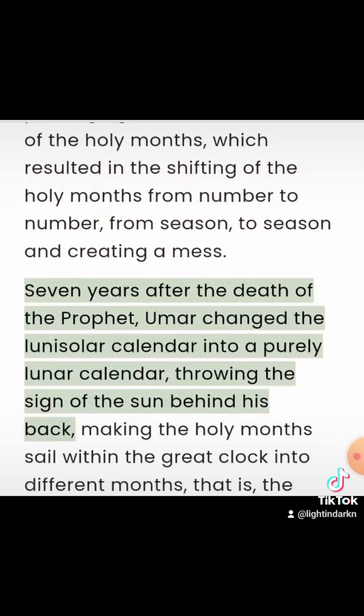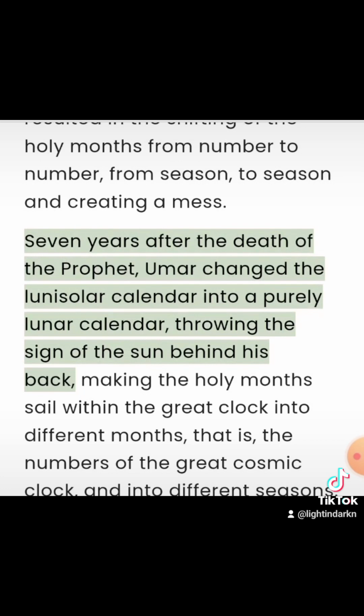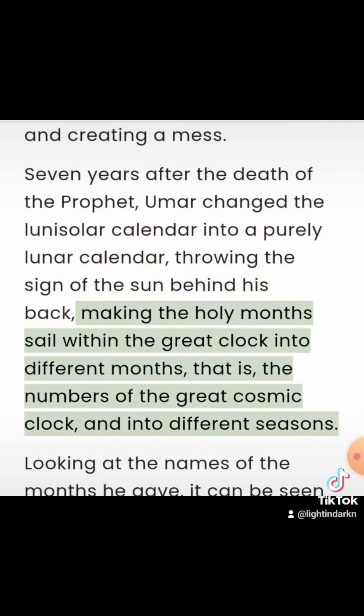7 years after the death of the Prophet, Umar changed the lunisolar calendar into a purely lunar calendar, throwing the sign of the sun behind his back, making the holy months sail within the great clock into different months, that is, the numbers of the great cosmic clock, and into different seasons.